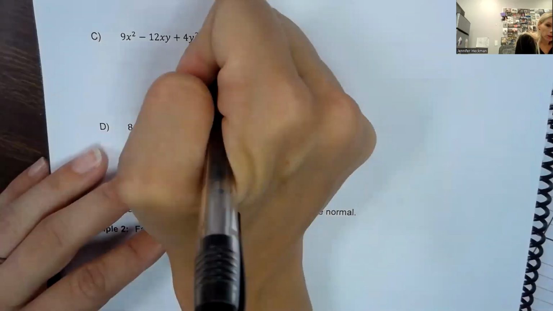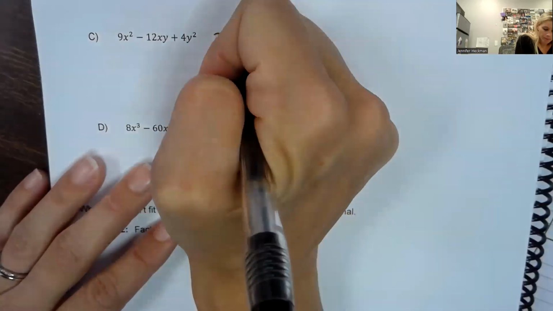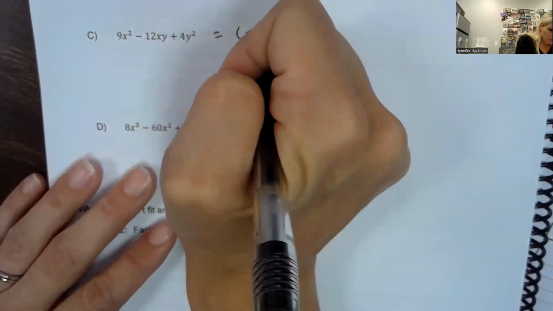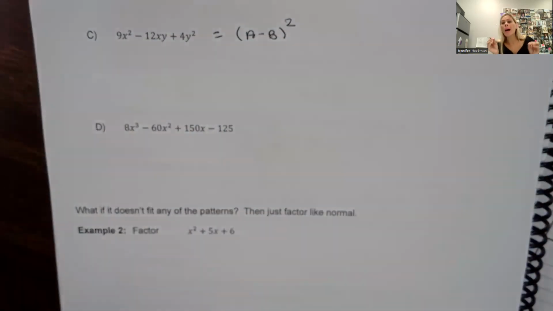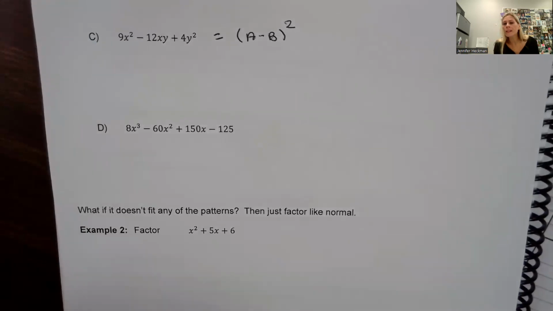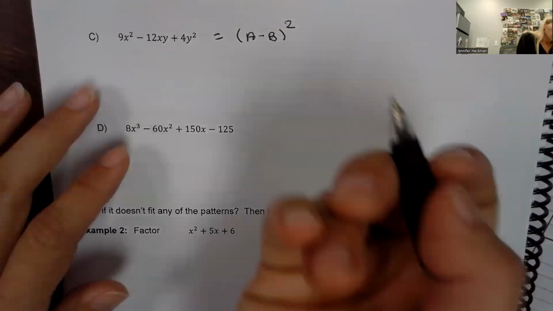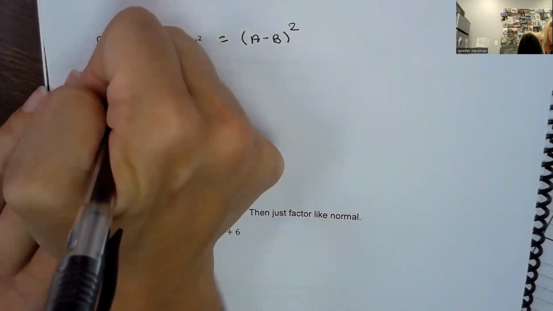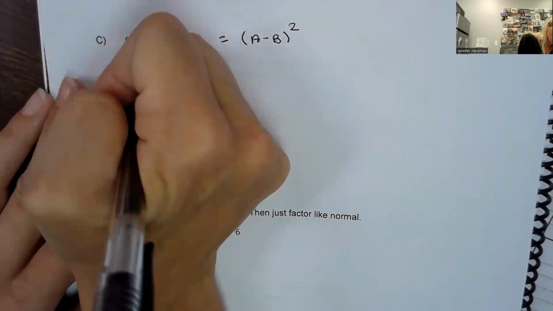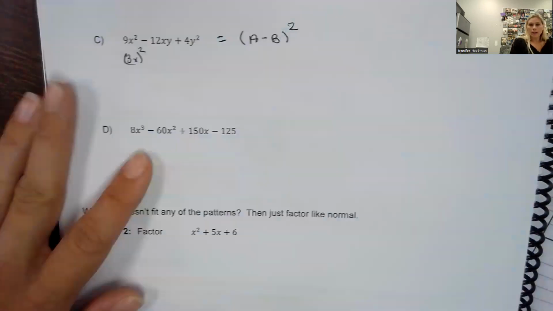So my answer should come out to be a minus b squared. Now, here's my trick. If you want to prove it to yourself, you can definitely identify your a and b. But if you know you're correct, just do your two ends. So remember that 9x squared is 3x squared, right?